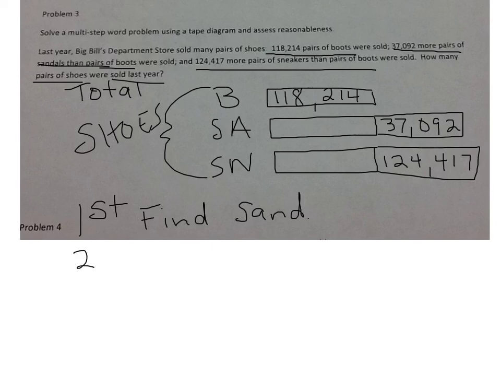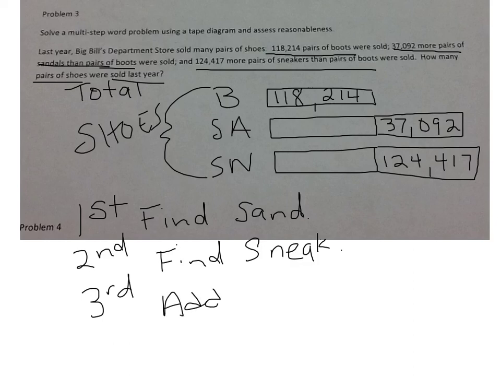The second thing you need to do is to find the total number of sneakers that were sold. And then the third thing you need to do is to add all types of shoes together. That's going to give you your total.